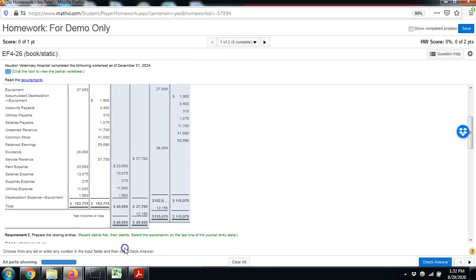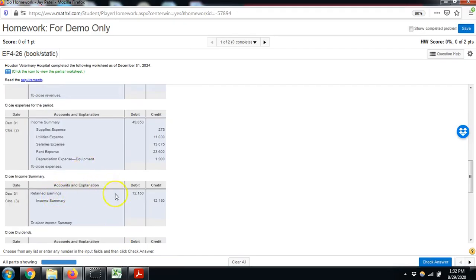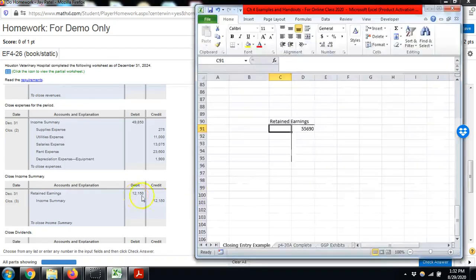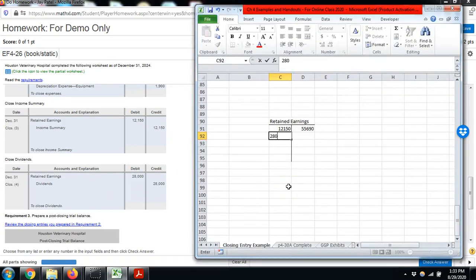So what did we do with our closing entries? Where did retained earnings come into play? We had a debit here for this net loss of $12,150, so we make sure we put it on the debit side. And then we also had another debit for dividends of $28,000 because dividends are basically taking earnings from our business and distributing them to our shareholders. That's going to reduce our retained earnings balance. So now what is the balance?